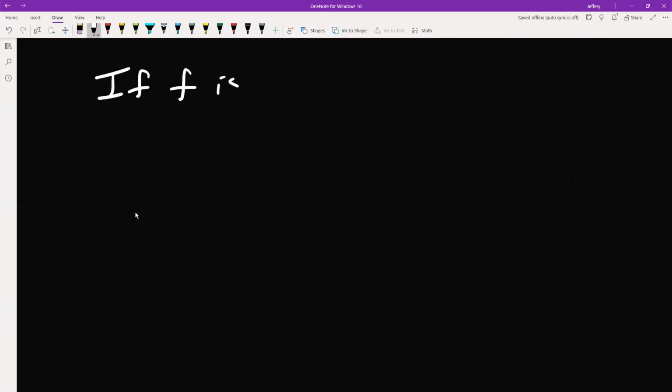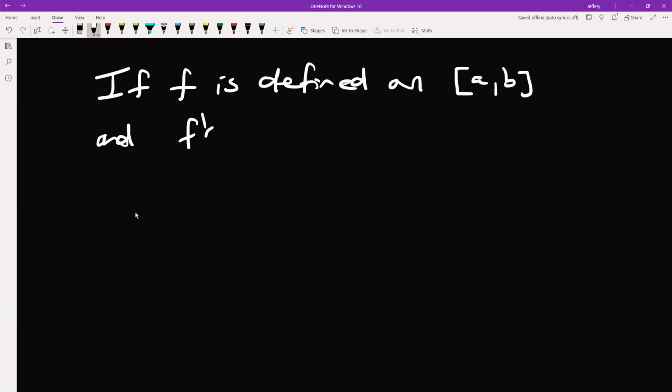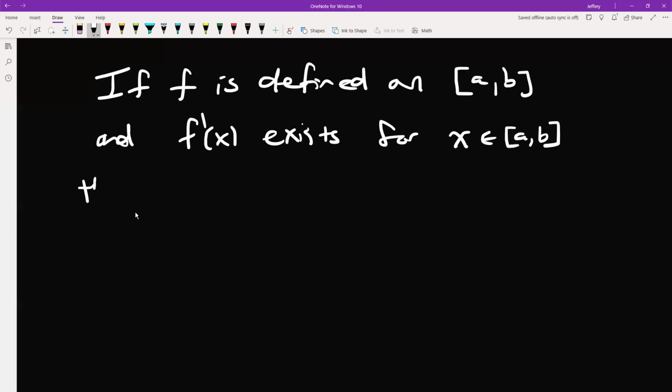If f is defined on [a, b], real valued, and f prime of x exists for some x in this interval, which includes a or b. Does it include a or b?